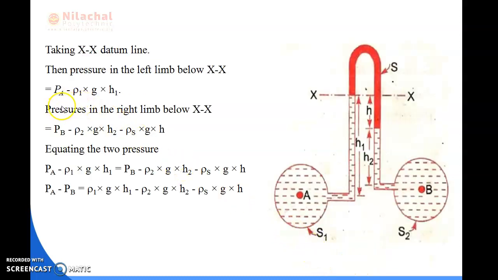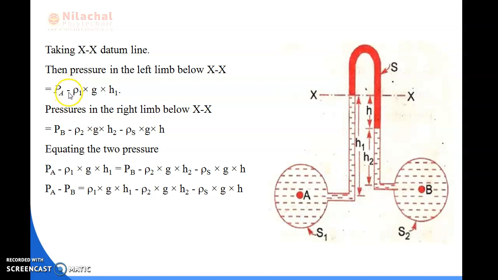Then, like the previous case, first we will calculate the pressure in the left limb below the bottom line. Then we will calculate the pressure in the right limb below the bottom line. Then we will equate the two sides of pressure. Here you observe, when you calculate below the bottom line, you are taking the negative sign.